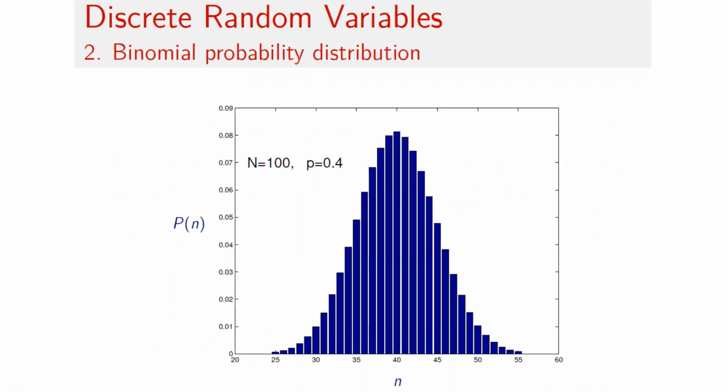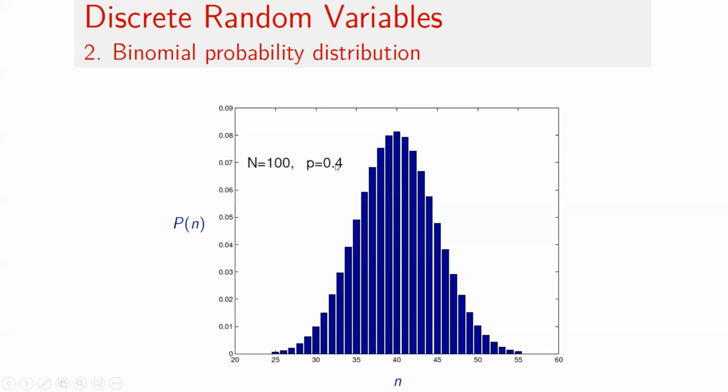Here is a graph of the binomial probability distribution. The vertical axis is the probability, and the horizontal axis is the number of heads we get from the coins that we throw. For this graph, we are flipping a coin 100 times, and the probability of getting heads is 0.4.